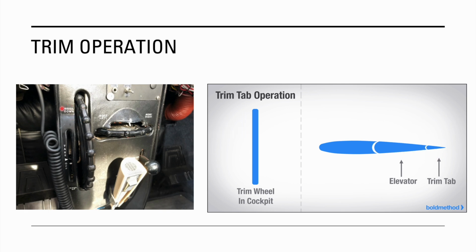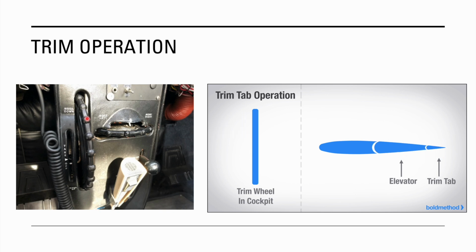And so you'll see at the top here it says nose down trim, nose up trim, and takeoff position. So there's a white triangle, and you align this white line here with that as kind of a neutral position. So if you feel like you have to push the airplane down in order to maintain flight, like it naturally just wants to climb, you would turn that wheel upward like this.